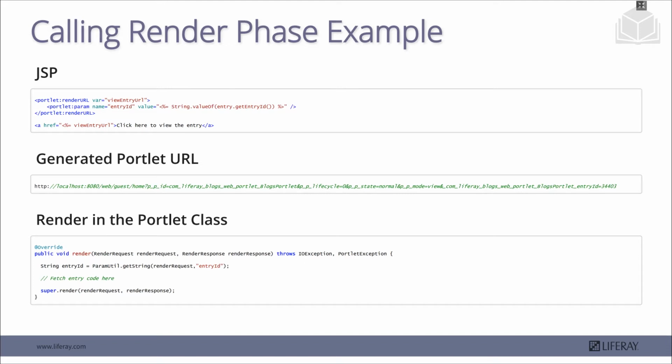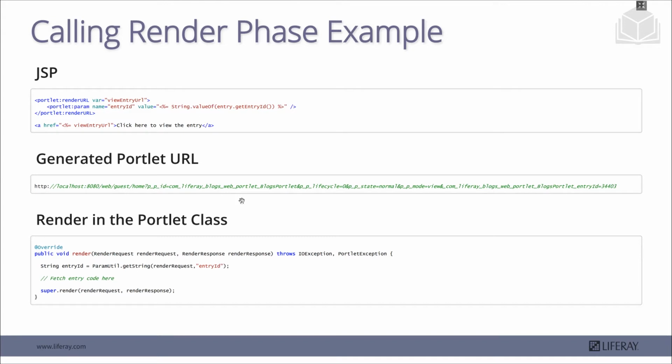When we click that render URL, it quite literally generates a URL. And these URLs are pretty long, because within the URL is a number of different parameters. For example, you'll see the portlet ID, the portlet that is initiating the call, is in the URL.